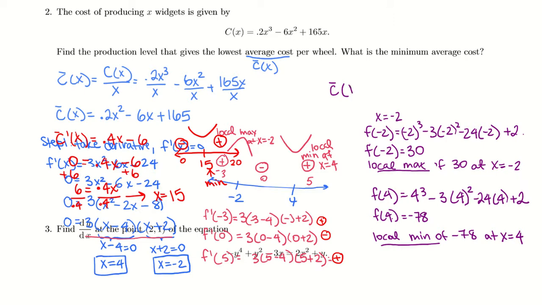So we want to find c bar of 15, which would be 0.2 times 15 squared minus 6 times 15 plus 165. The minimum average cost will be $120.